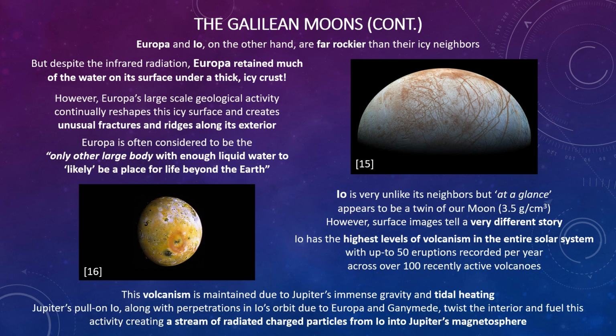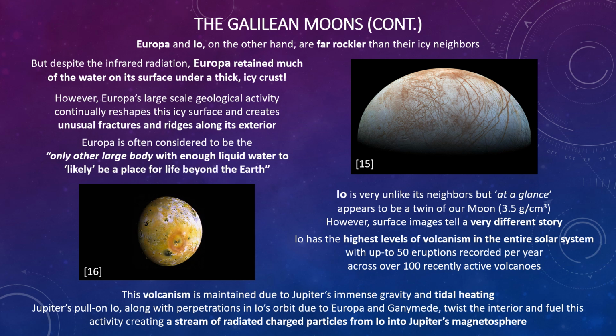The other Galilean moons, Europa and Io, are far rockier though. And so, despite a lot of infrared radiation, Europa retains much of the water on its surface under a thick layer of ice.